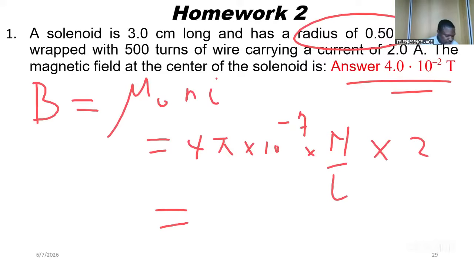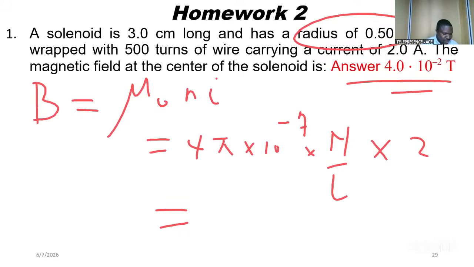Option A, 2/3 the current in the outer solenoid. Option B, 1/3 the current in the outer solenoid.